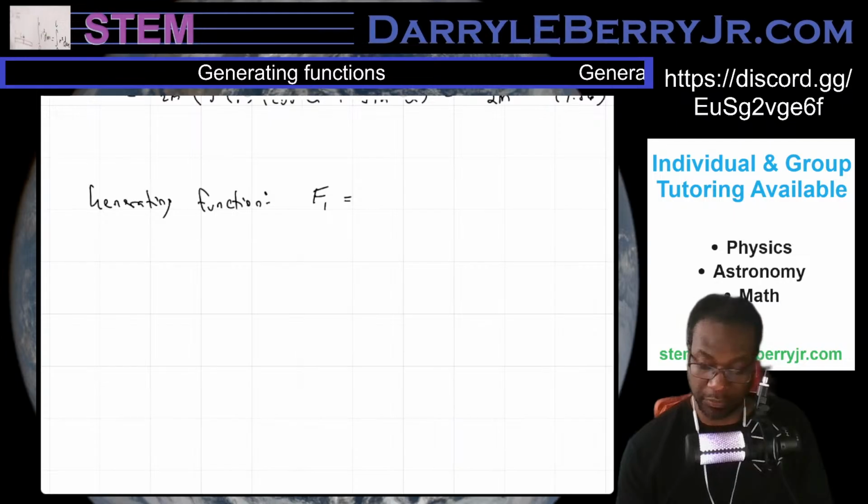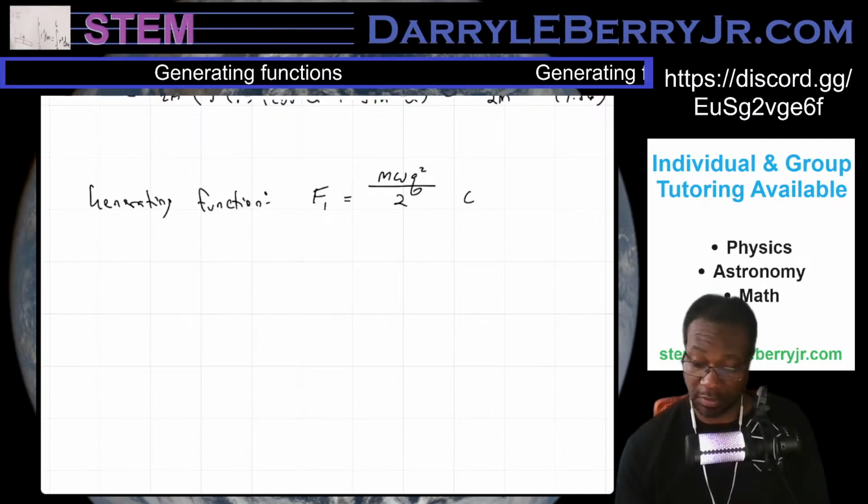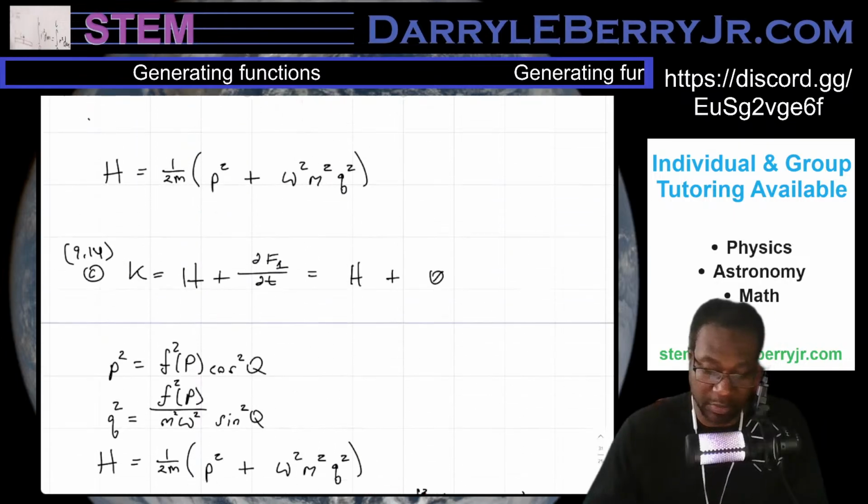F1 equals m omega q squared over 2 cotangent q. That seems familiar.